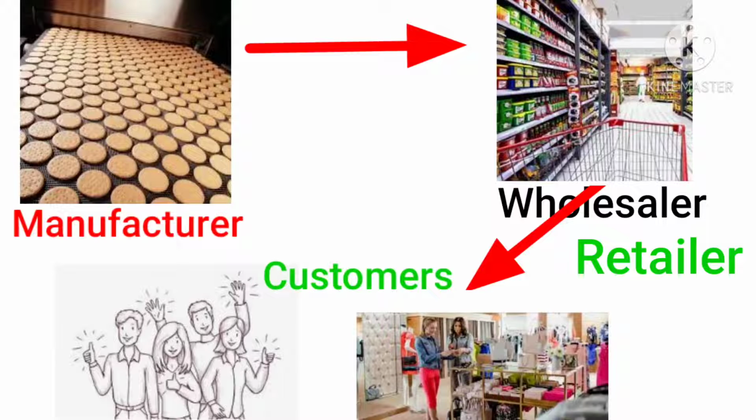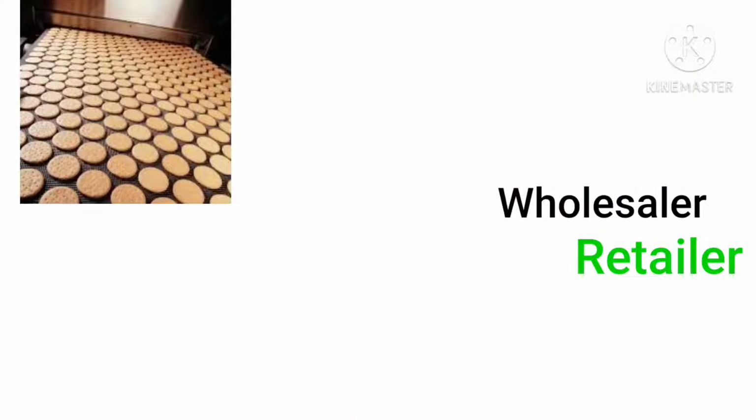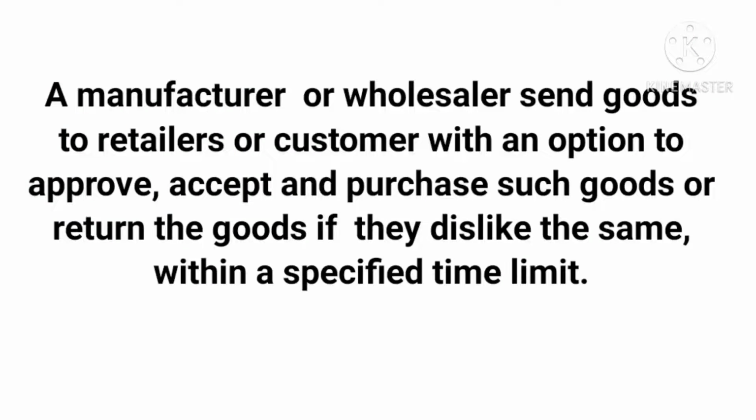In such a system, a wholesaler or a manufacturer sends goods to a retailer or customer with an option to approve, accept and purchase the goods, or return the goods within the stipulated period if they are not satisfied with the quality and service of the goods sent to them.